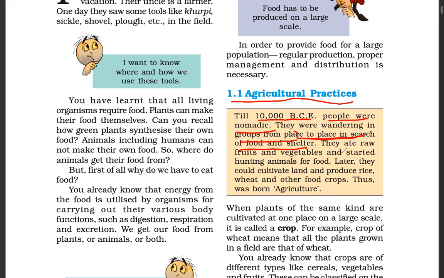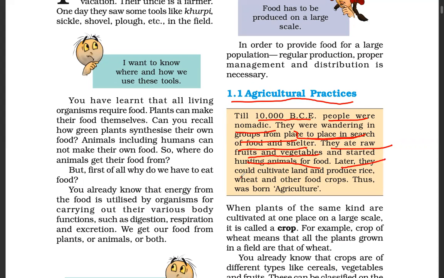People were wandering here and there in search of food and shelter, right? They ate raw fruits and vegetables and started hunting animals for food. First of all, they used to eat only raw food items. Then they started hunting for food, right?